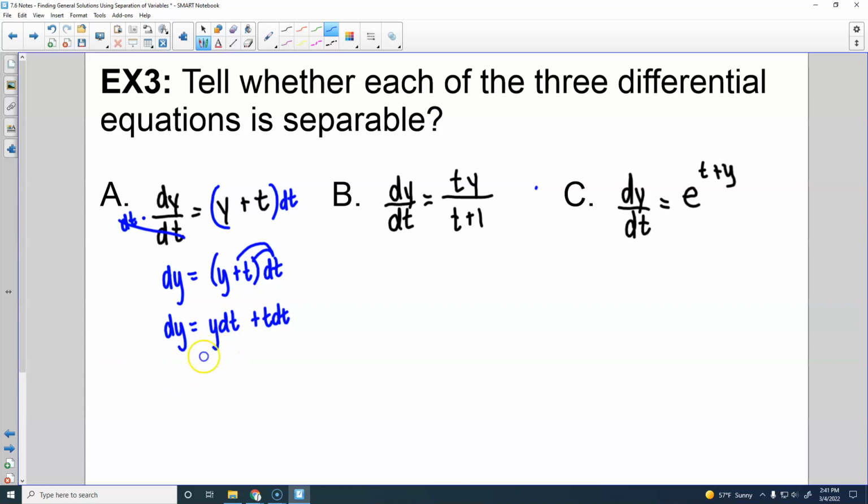And so, if you do that, it's not really going to work because we're going to have y dt equals t dt. So you might think, I could divide by dt. But there's a minus. So if you did that, you'd have to divide this by dt, which you'd still have a t on this side. So this one is going to be a no. It's not separable.